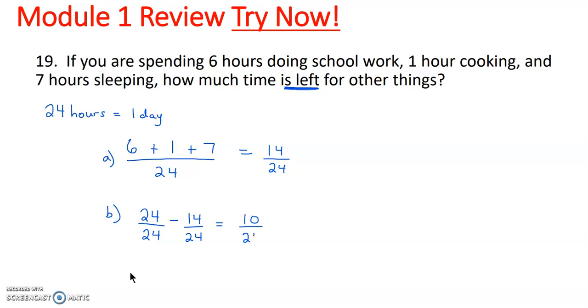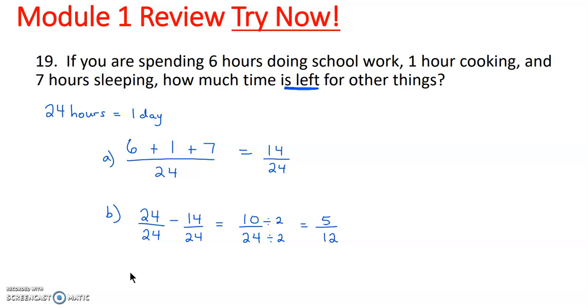So we've got a couple ways we can answer this question that I would accept. How much time is left? You could say 10 hours is left. You could say 10/24 is left. You can reduce this fraction to lowest terms, which is 5/12.